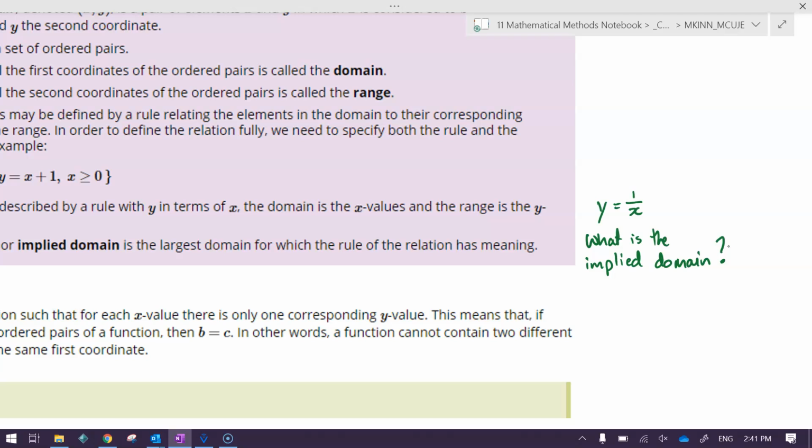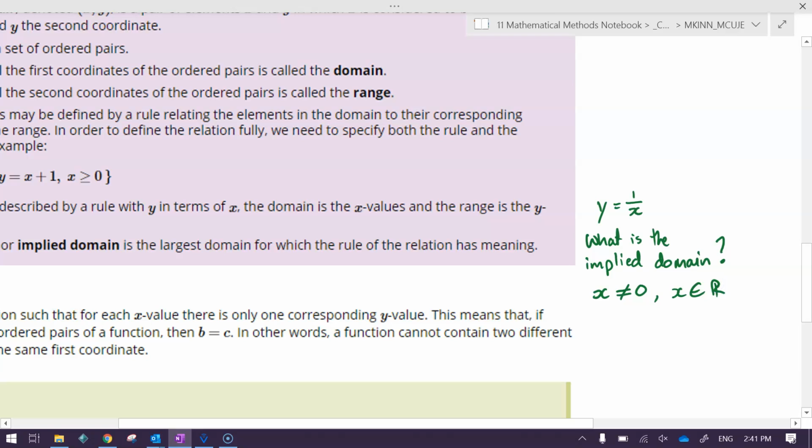Could I have even more? If I could have negative numbers, I can go 1 divided by a negative number. I can go 1 divided by a positive number. But what's undefined in maths? Division by 0. So in this case, my implied domain would be x does not equal 0. X can be any other real number. Can you see how that works?